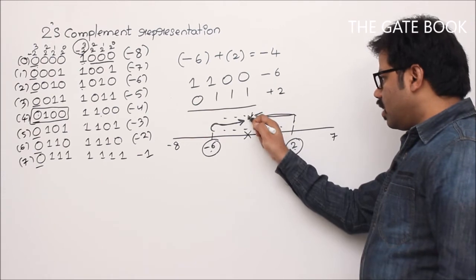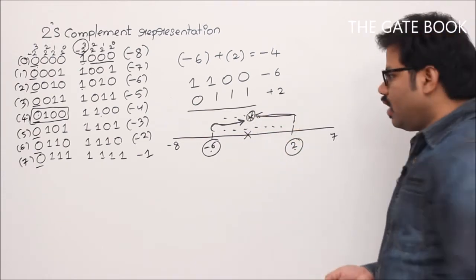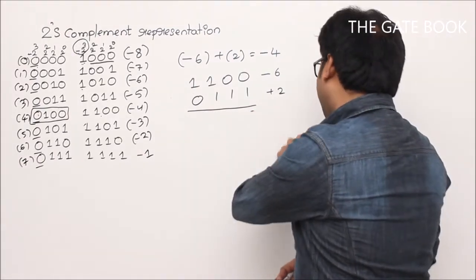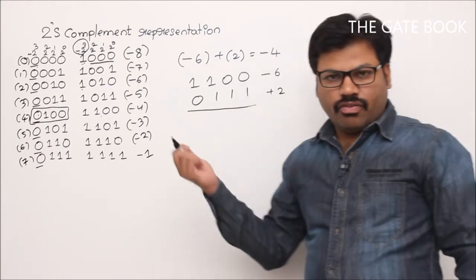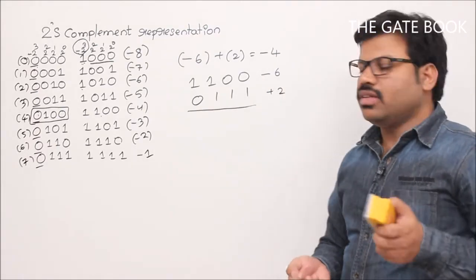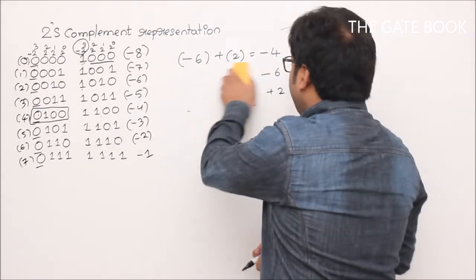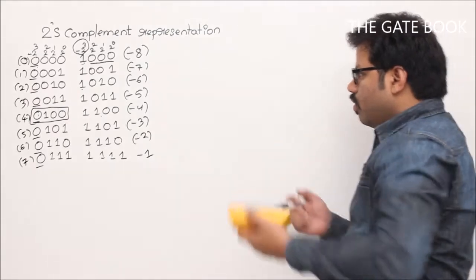When both conditions are satisfied, the result should fall in between minus 6 and 2, right? So that's why you never get overflow, right? So that is the concept, remember it. But when you add two positive numbers or two negative numbers, you are going to get the overflow, right? Remember it.